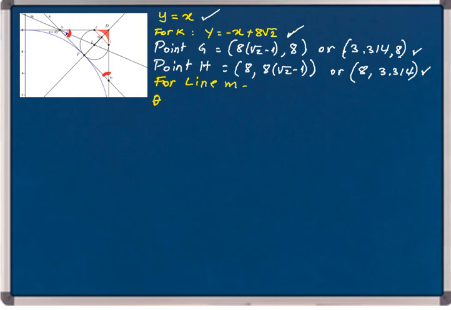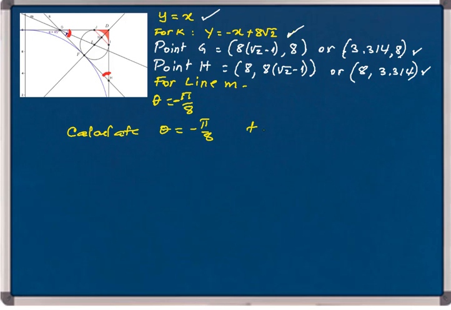So we can say theta is equal to pi over 8, and we can see also that it is going down, so the slope will be negative. So actually the angle theta is negative pi over 8. So we have to calculate the tangent of theta, where theta is negative pi over 8.